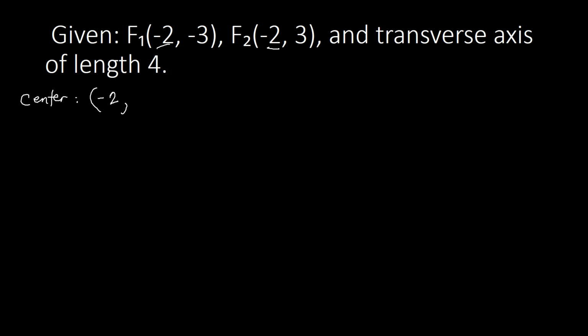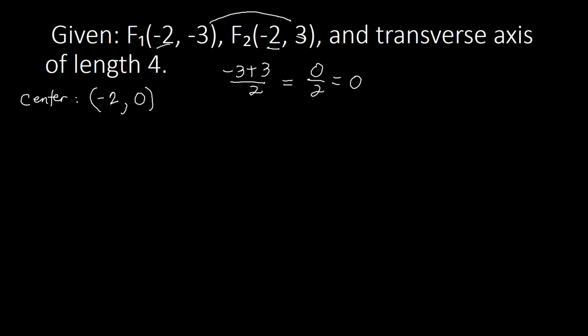And then for the y value, we just add negative 3 plus 3, and then divide that by 2, or simply get the middle value of y. So this is 0 over 2, which is equal to 0. So we have negative 2, 0 as our center.